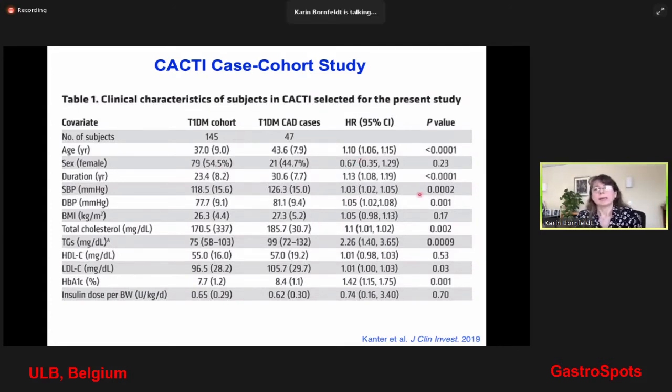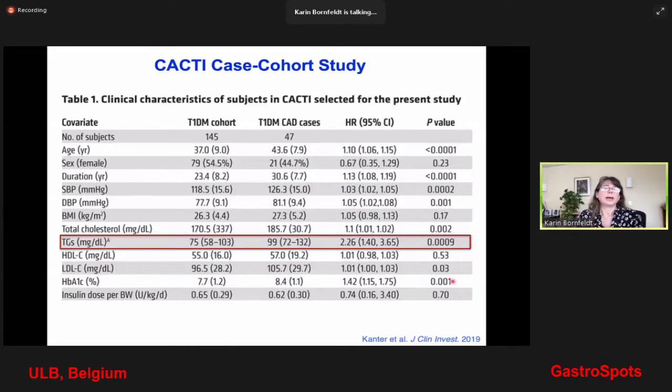So you can see here that the case group was worse off at baseline than the randomly selected cohort, in that they were slightly older, they had a longer duration of diabetes, they had elevated blood pressure, increased levels of total cholesterol, triglycerides, and LDL cholesterol, and their diabetes control was also a little bit worse than in the randomly selected cohort.